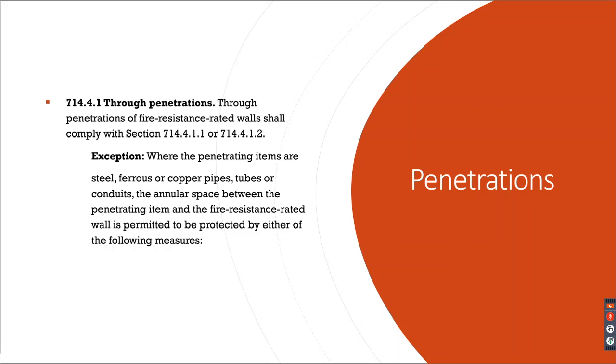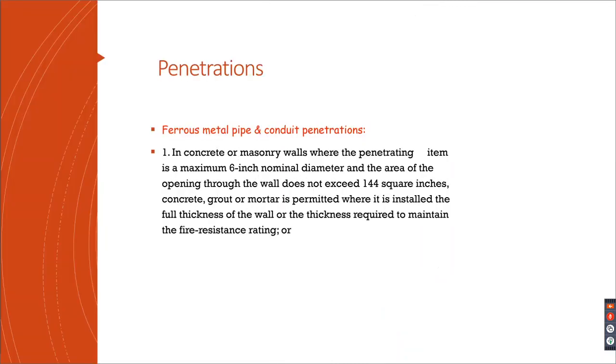The annular space between the penetrating item and the fire resistance rated wall is permitted to be protected by either of the following measures. So again, the exceptions are for just these types of materials, and they can be protected by either of these. I put a little hint on top of each of these of which one you would use for what.